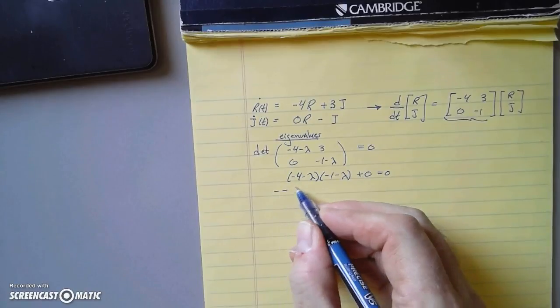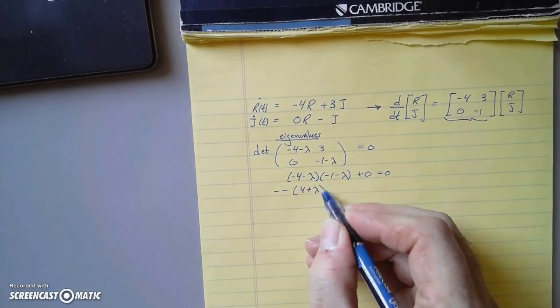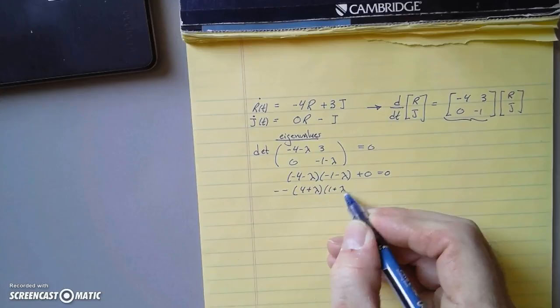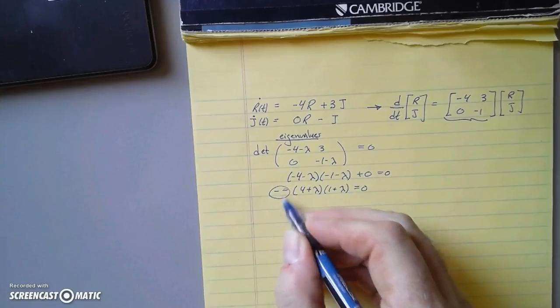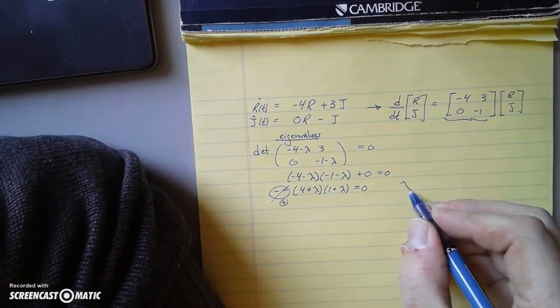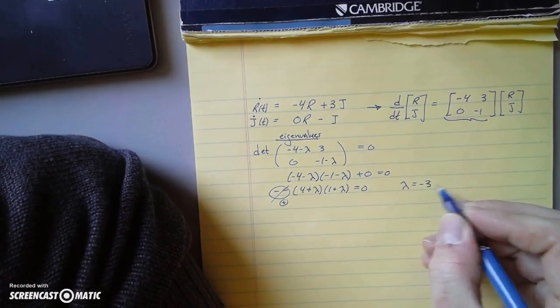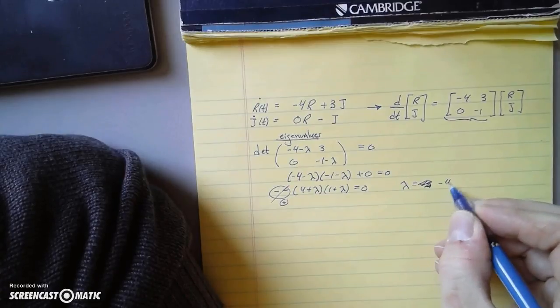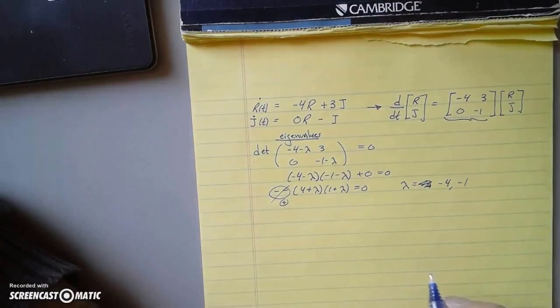I can pull these minuses out to make this a little easier. Equals 0, and these are a plus. So this was easy this time. So we have eigenvalues -4 and -1.